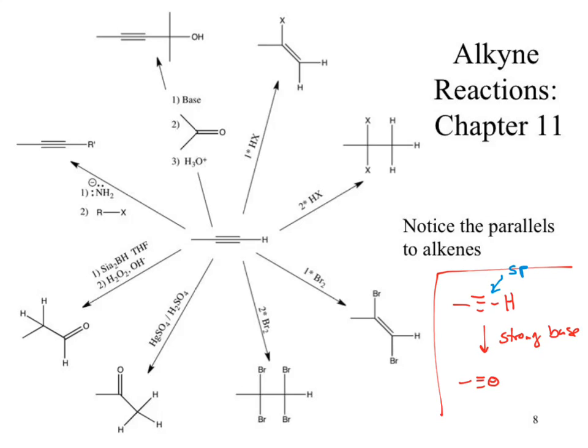What's nice about an acetylide? Negatively charged, it can react with anything that's possibly positively charged. So when we take a look at the upper two on the left, both of those start with a base. Why? That base is reacting with the acetylene to make the acetylide.